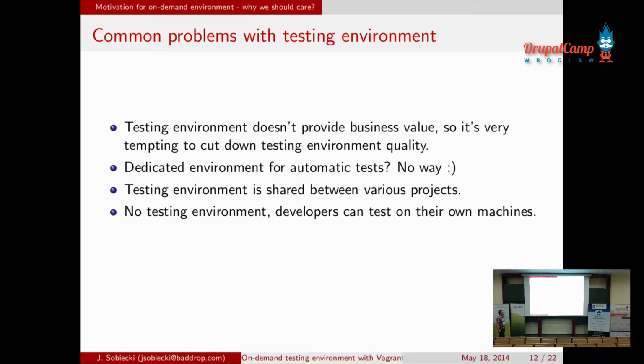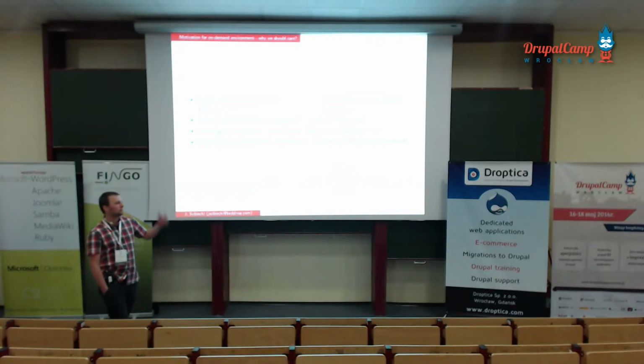Well, it's extreme, and I haven't seen such a situation, but maybe a very small organization can try working this way: no testing environment at all. Developers can test on their own machines. I think it's a little bit scary, but it makes an opportunity to introduce a brand new test-driven development process.